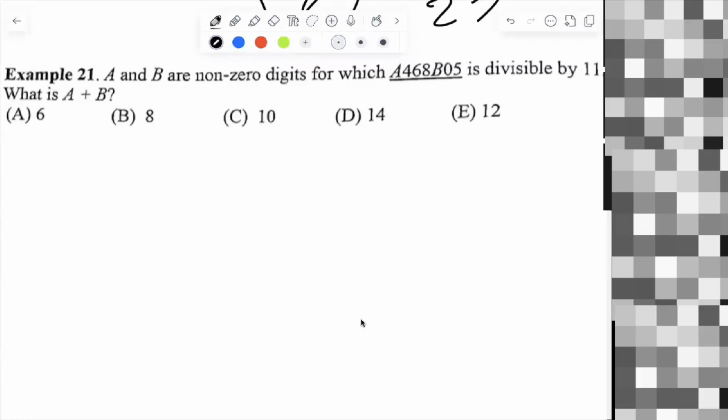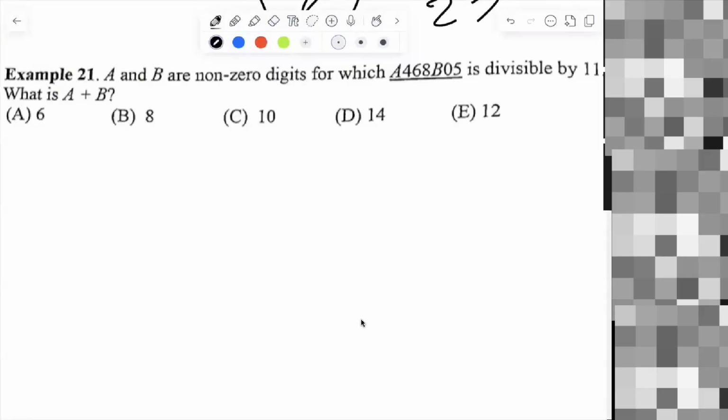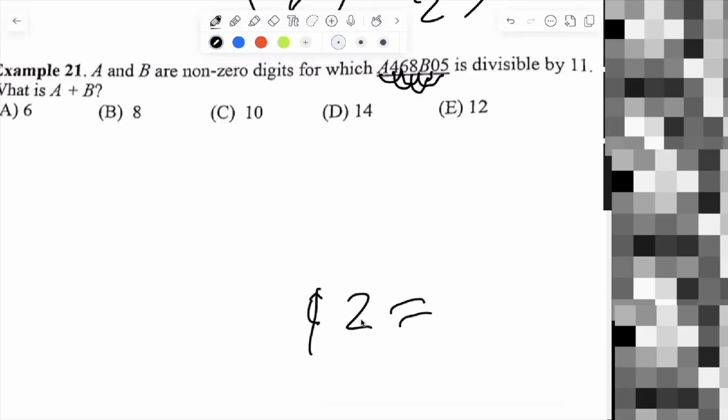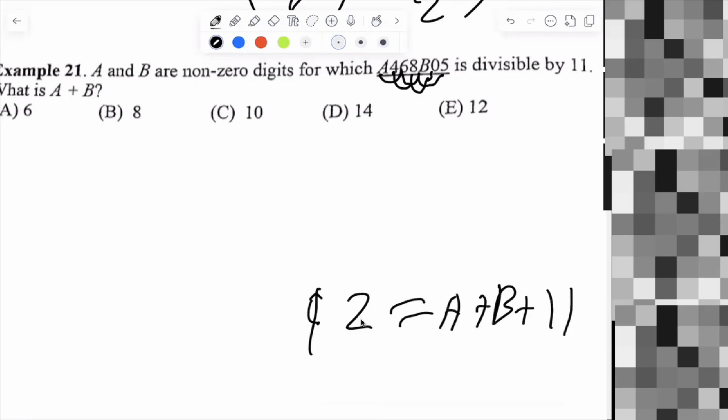Alright guys, let's get started with this question. So basically, A and B are non-zero digits for which A468B05 is divisible by 11. As we did before, the sum of every other digit must be the same as the sum of the remaining alternate digits. From there we get 12 must be equal to A plus B plus 11.